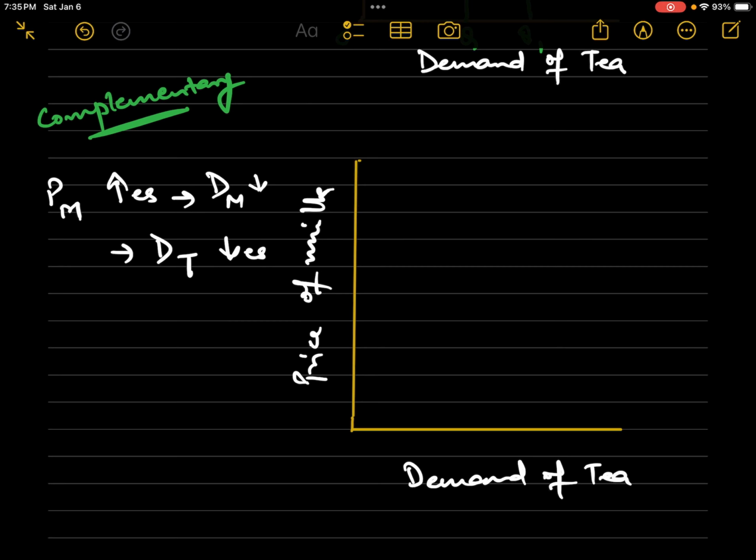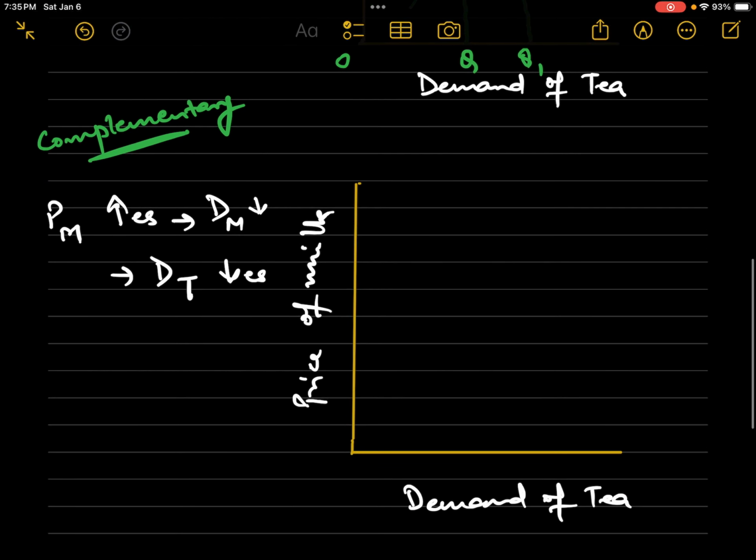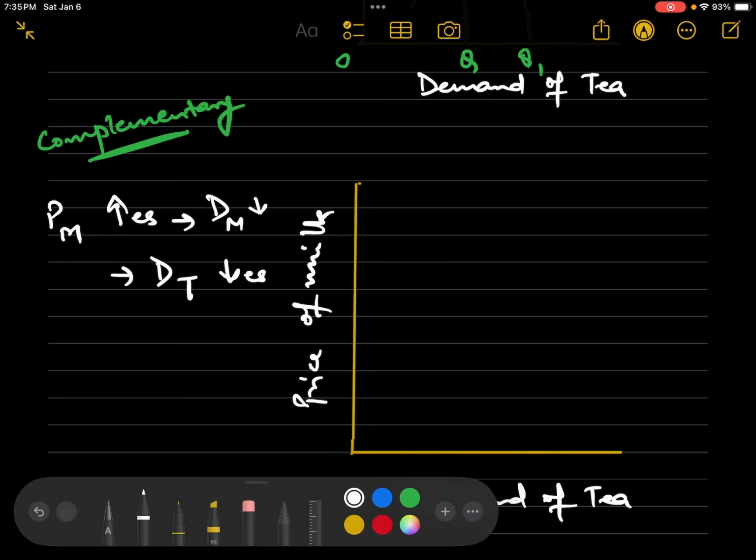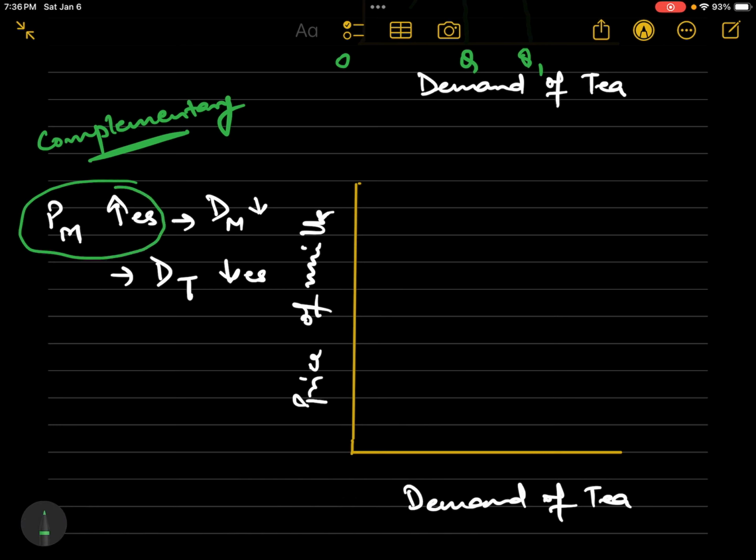Now let's again compare the two things we have to look at. We have to look at price of milk and demand for tea. If you look at them both, you will see that there is an inverse relationship between the two. So automatically my curve should be like this to show that inverse relationship. Now let's see whether we have done it correctly or not.